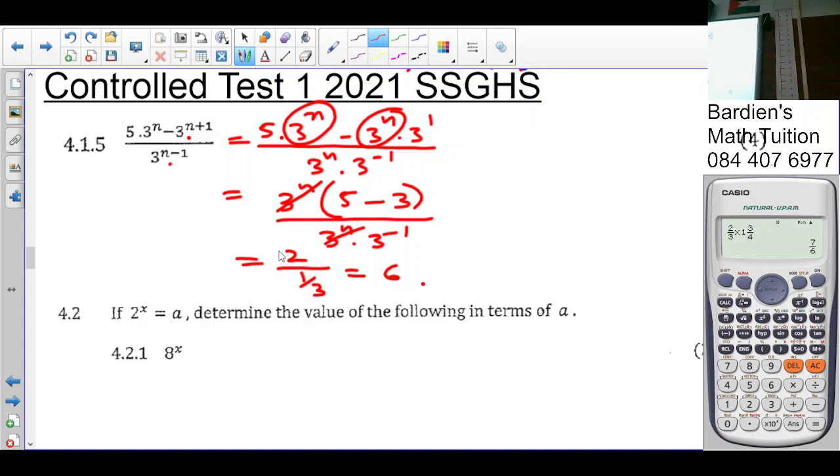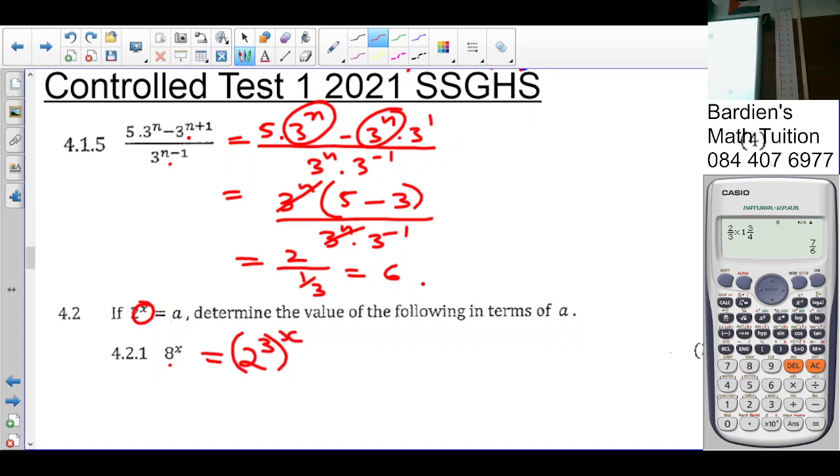Alright. The next one, we are told that if 2 to the x is equal to a, determine the value of the following in terms of a. So firstly, we're going to try and write it in terms of 2 to the x. So 8 to the x can be written as 2 cubed raised to the x.